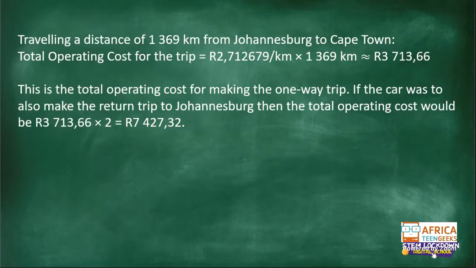as far as this trip is concerned. So basically now, we have taught you this morning, we have done the running costs of a car per kilometer. We've also done the total operating cost, which is made up of the fixed amount plus the running cost per kilometer.